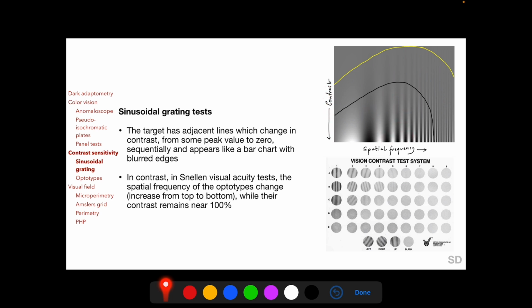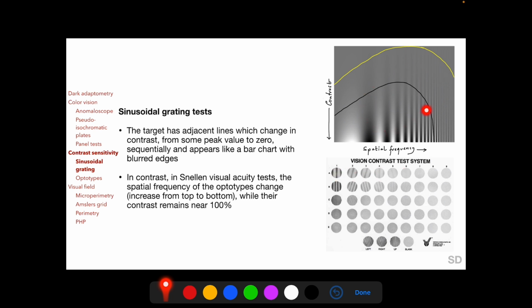Contrast increases in the negative y direction and the spatial frequency between the blurred bars increases in the positive x direction. And in this chart, the spatial frequency remains the same in each row, but the contrast decreases from left to right.